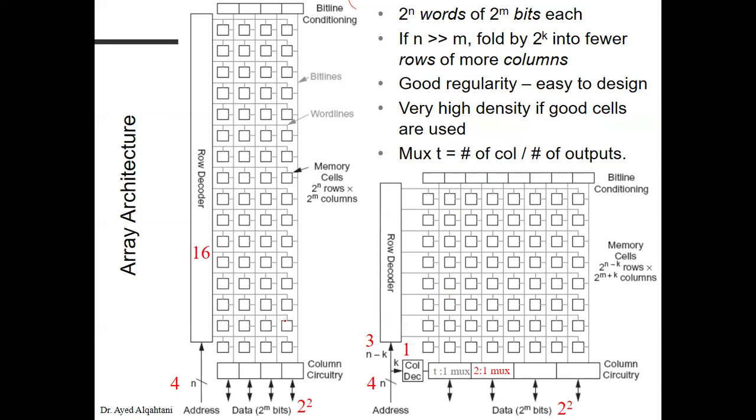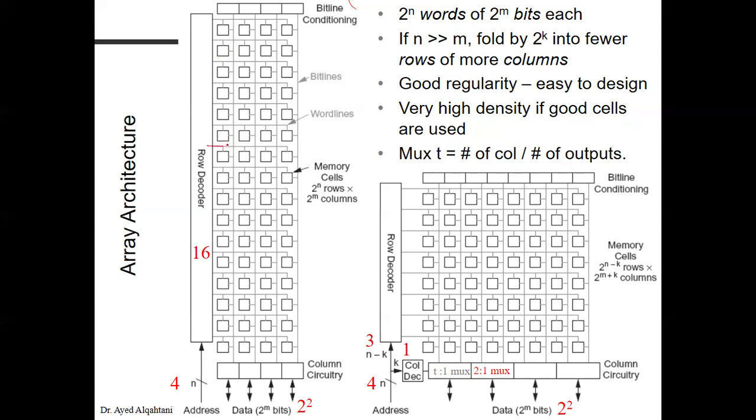Now, the question for this design: what we want is 4 words, 2 to the power of m, which is equal to 2 to the power of 2. So m is equal to 2. And the number of bits in the output is 4 bits. This is actually what we have in the original design. We have 4 bits coming from each word.